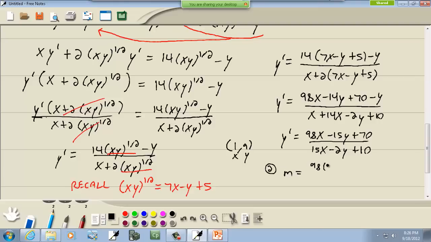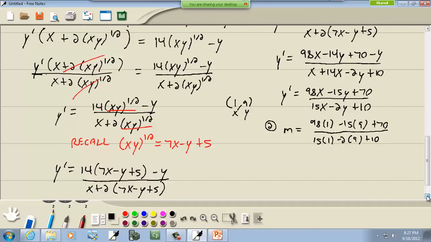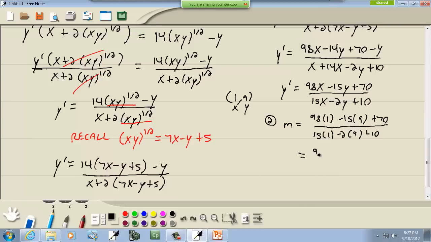So we got 98 times 1 minus 15 times 9 plus 70 over 15 times 1 minus 2 times 9 plus 10, which gives us 98 minus 135 plus 70 over 15 minus 18 plus 10.